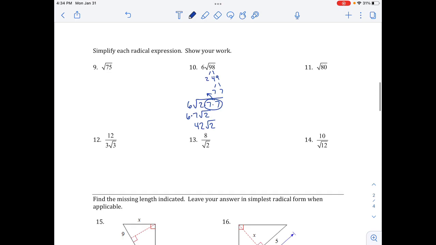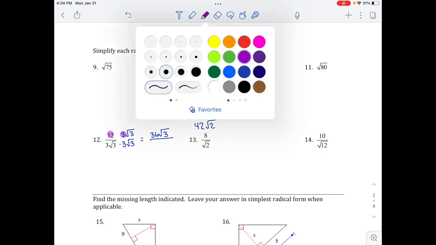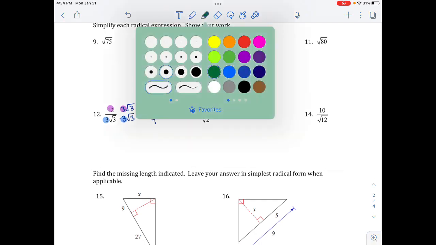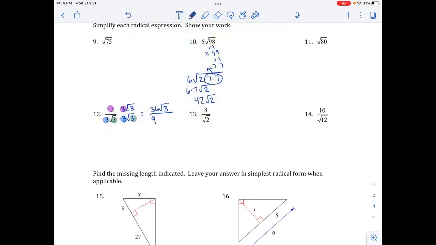Pretty simple. 12, you have 3 root 3 and 3 root 3. Now, these numbers in front are what you can multiply. So we end up getting 36 root 3 on the top. This is called rationalizing if you don't remember. Once again, the numbers in front can multiply, so you have 3 times 3 is 9. And the numbers inside can also multiply, so root 9.